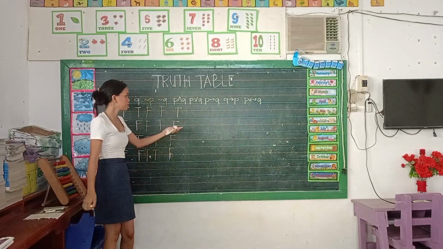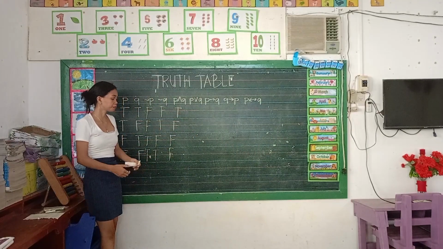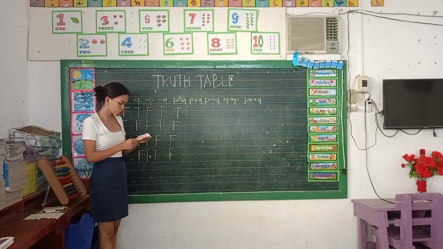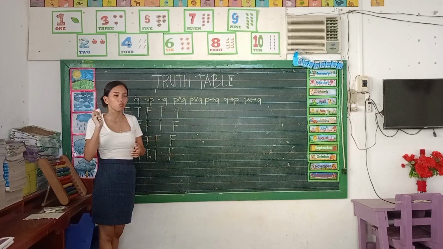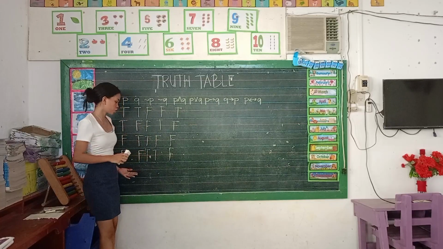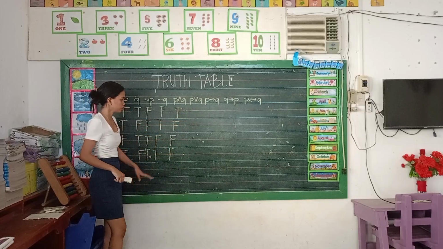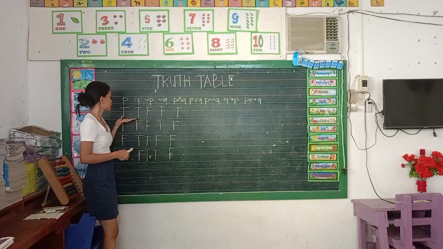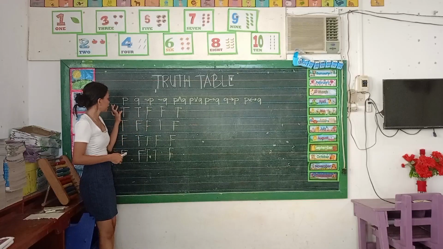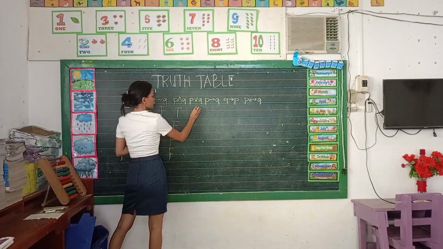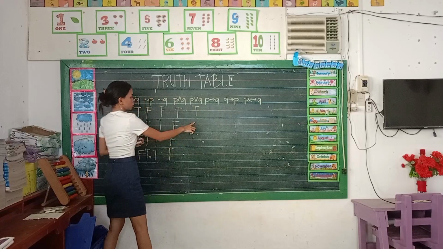Next we have the disjunction. In disjunction, we need at least one of the statements to be true for the result to be true. So for example, the P proposition is true and the Q proposition is true. Therefore, the result in disjunction is true.